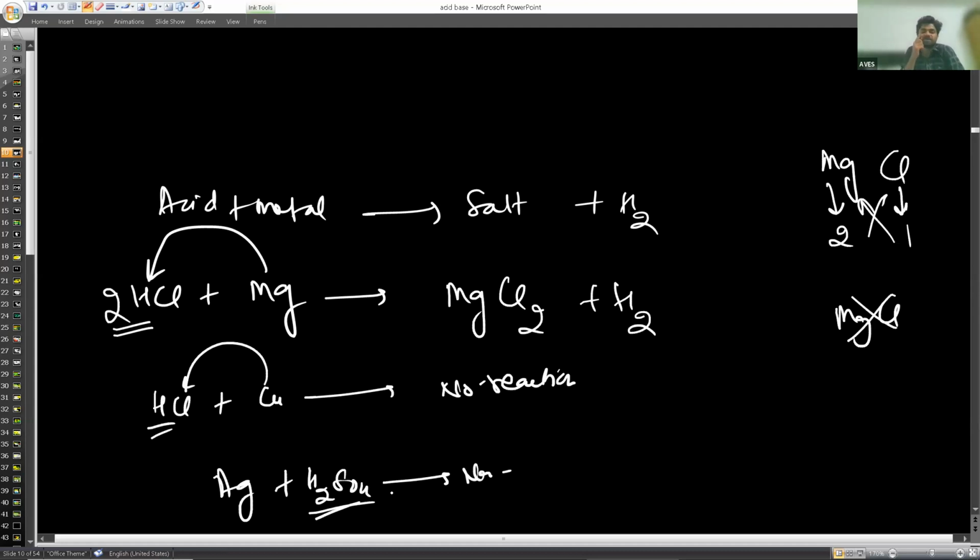So those metals that are above hydrogen in the reactivity series are able to react with acid to produce salt and hydrogen gas. Metals like copper, silver, mercury, gold, platinum are less reactive than hydrogen. They are less powerful than hydrogen, so they will not be able to displace. Understood? Yes or no? Zainab, you understood the concept?